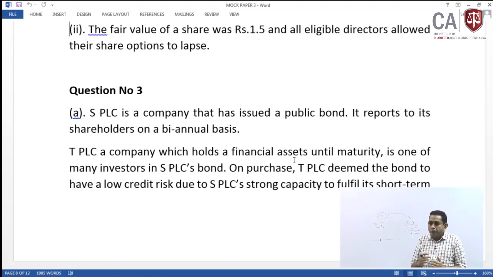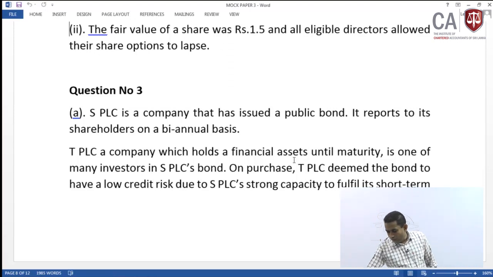So, whether to apply 12 months or lifetime expected credit loss is decided based on the credit quality's deterioration over 1 year's period. Now, to analyze whether the credit quality has deteriorated or not, you are given the information required.